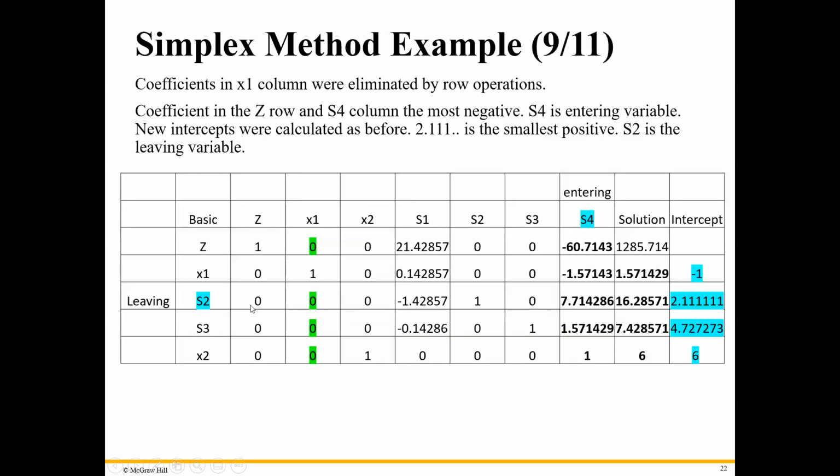But remember that the intersection of the S4 and S2 rows is 7.71426. So this pivot position is not equal to 1. So we have to divide this row throughout by 7.714286 to make it 1.